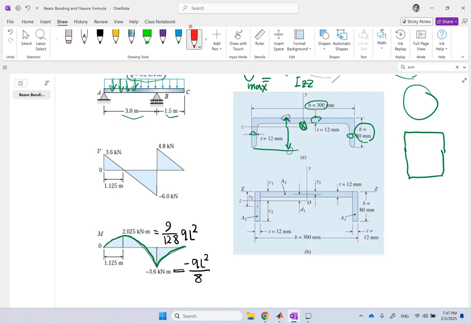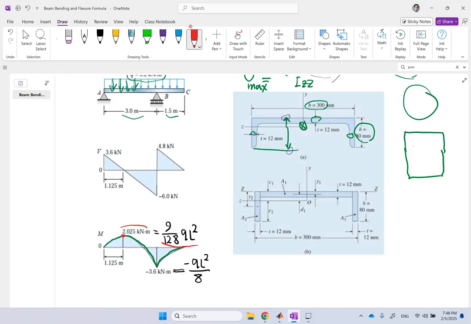So if V is a line, M is going to be a parabola. And you'll find that there are two spots in this beam that have maximum moments, whether positive or negative bending moment. The maximum positive one is placed somewhere between A and B at the distance of 1.125. The maximum bending moment is 2.025 kilonewton meter, and it is related to the parameter Q by this formula.